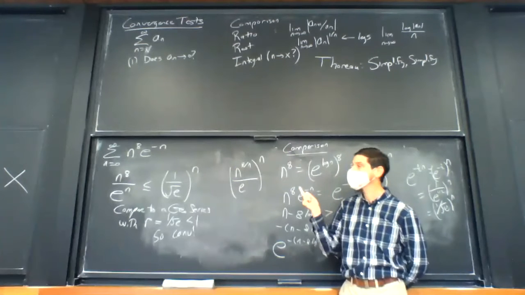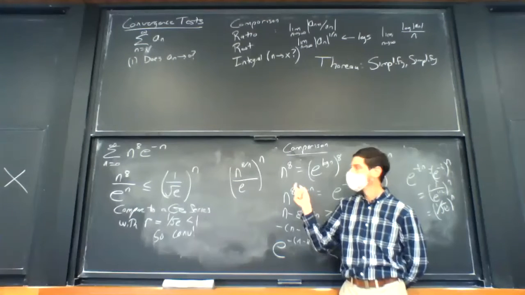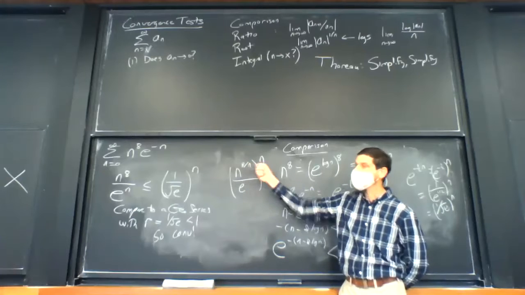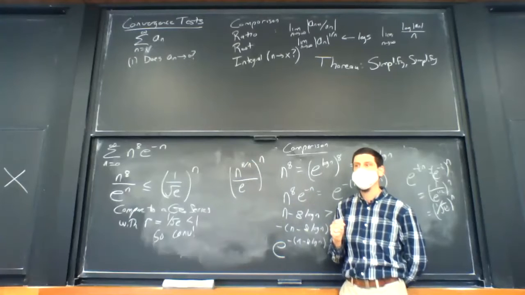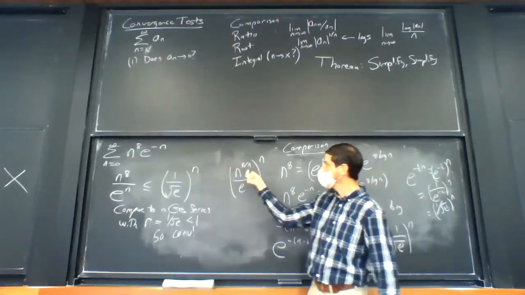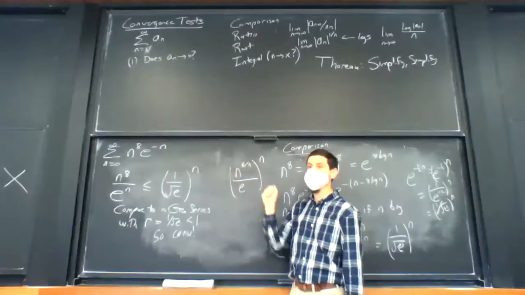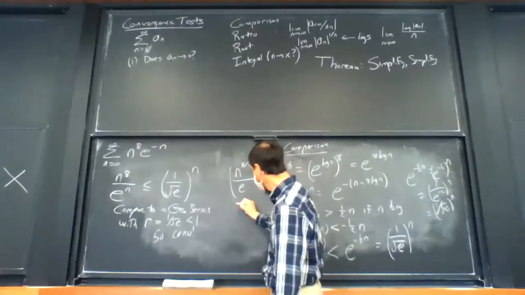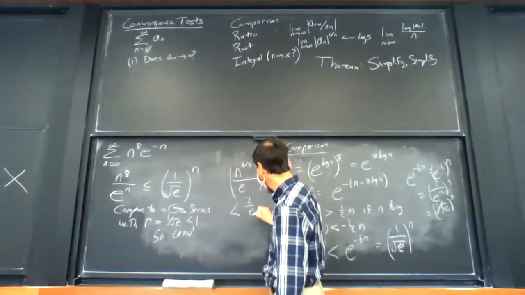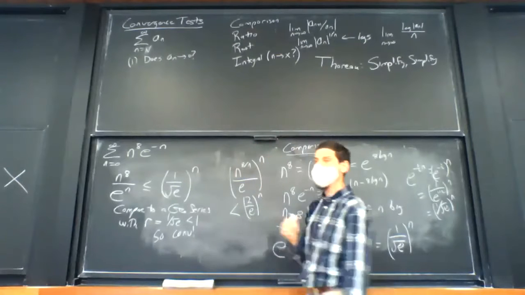So this is another way to do this with the comparison test. And what you would need to say is that n to the 8 over n is eventually strictly less than, say, e. And because we know n to the 8 over n goes to 1, eventually this is less than 2. This is less than 2 over e to the n in geometry.